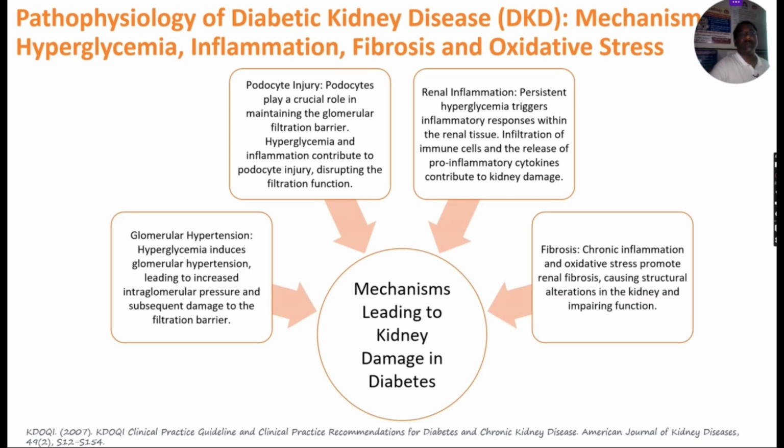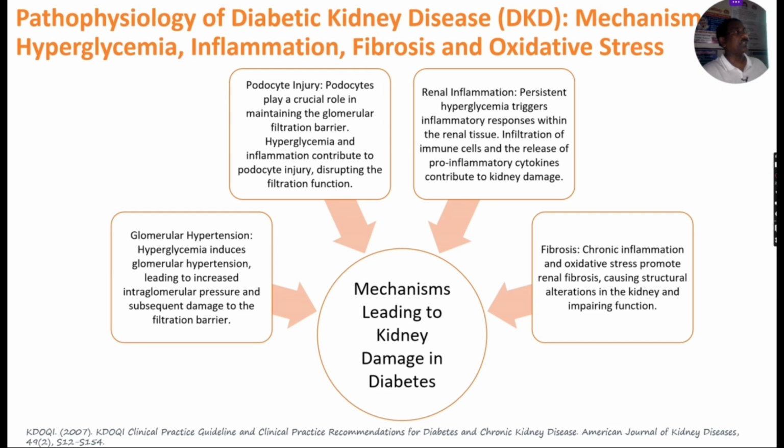Okay, now the mechanism. See the mechanisms leading to kidney damage in diabetes. Podocyte injury. Podocytes play a crucial role in maintaining the glomerular filtration barrier. Hyperglycemia and inflammation, vascular or glomerular inflammation, contribute to podocyte injury, disrupting the filtration function.